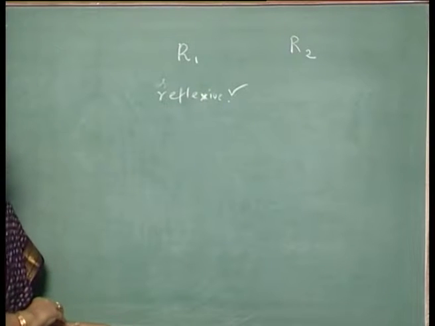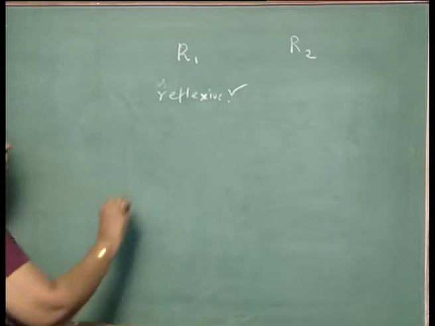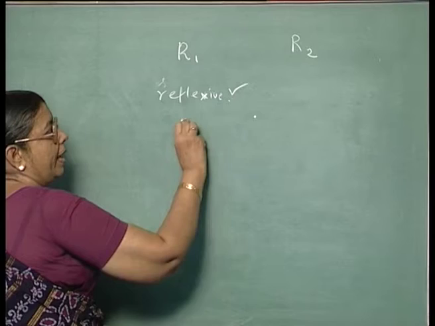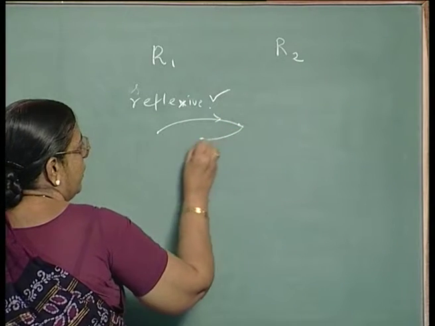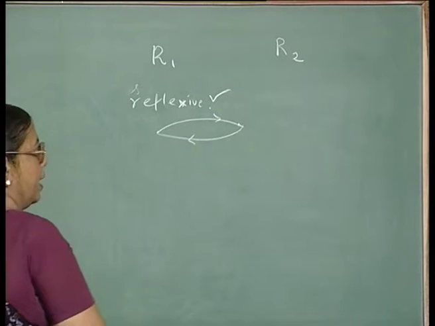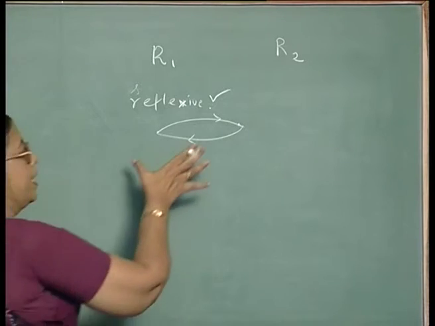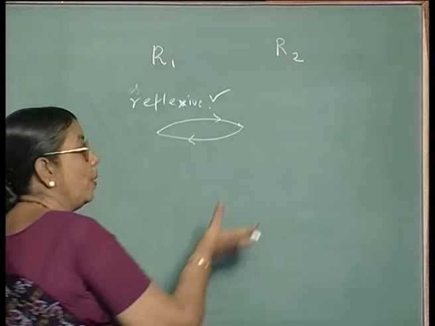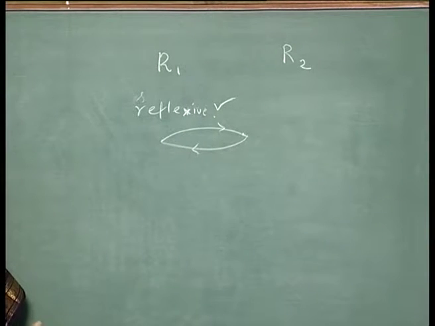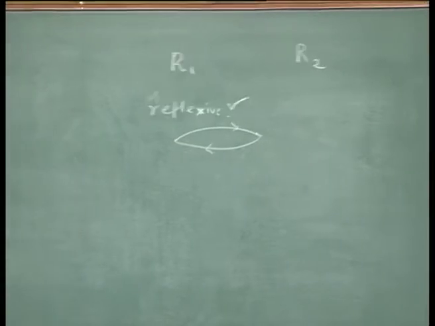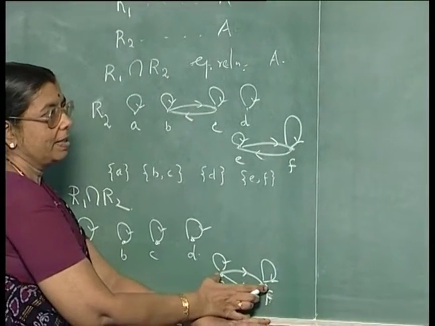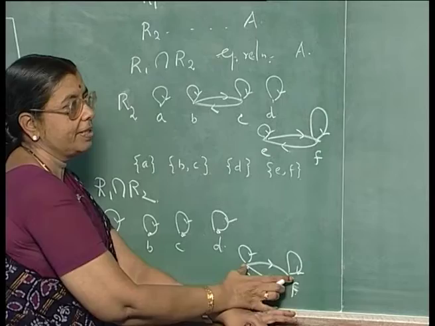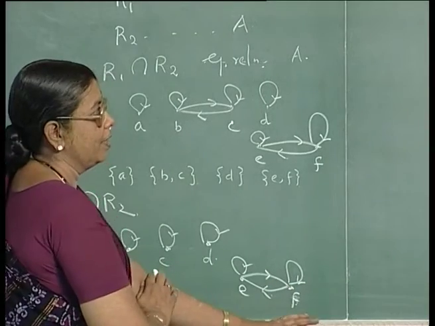What about the symmetry property? If you have an arc in one direction, you should also have an arc in the other direction. If such a thing is present in R1 and in R2, it will be present in R1 intersection R2 also. For example, between E and F such a pair of arcs is present, that will be present in the intersection also.